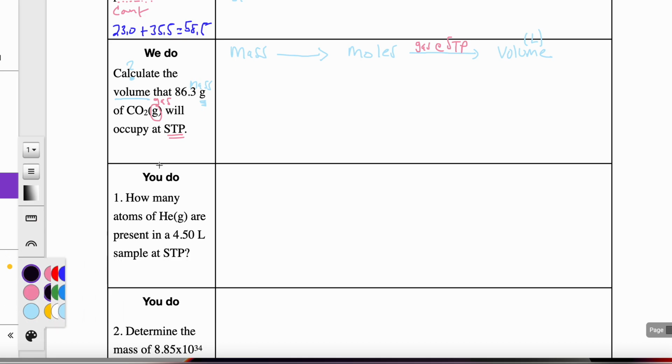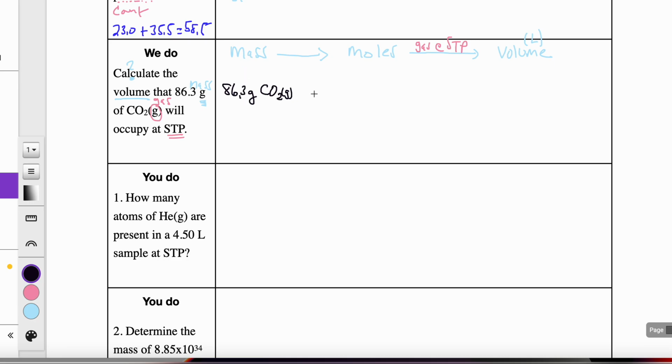So getting my setup, I have my starting quantity of 86.3 grams, and the grams belongs to carbon dioxide, which is in a gas phase. When you see a chemical formula and little parentheses with a G inside, that's the phase. If you see a number tagged with a G, that means it's a quantity of grams, the mass.